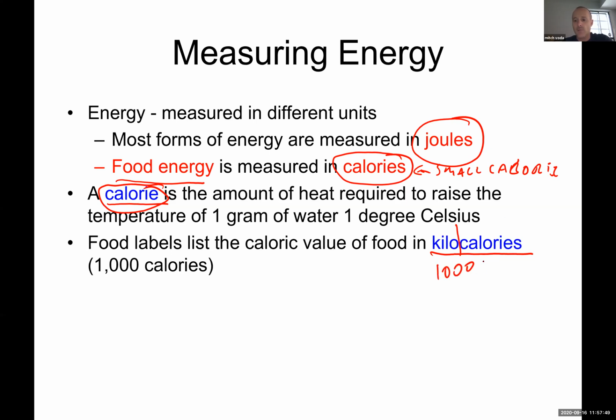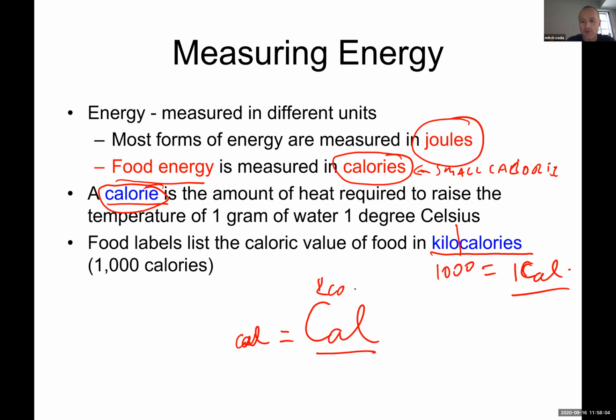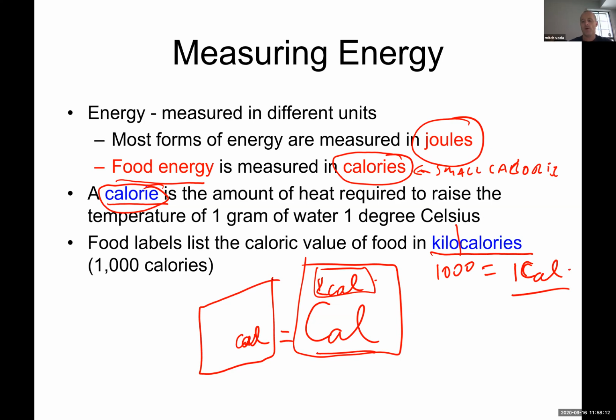So 1,000 small calories equal 1 large calorie. So there is the small calorie, and then there is the large calorie. This one is also the kilocalorie. Okay? So this is the kilocalorie or the large calorie, and this is the small calorie.